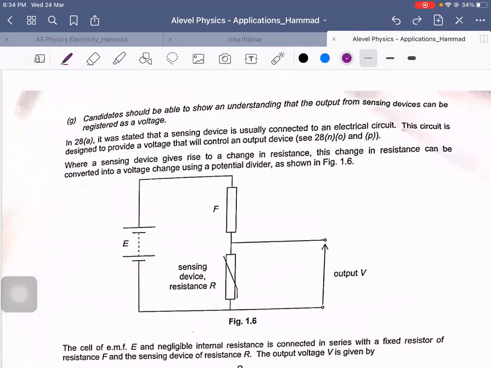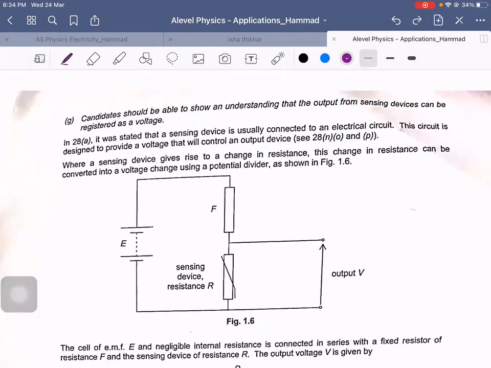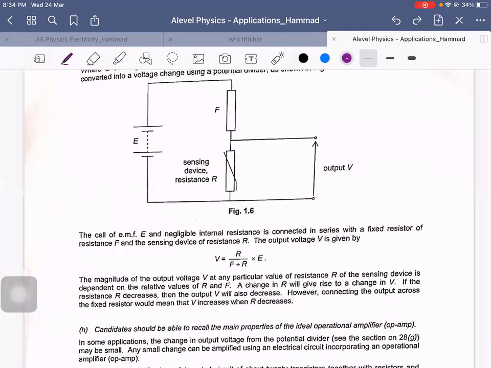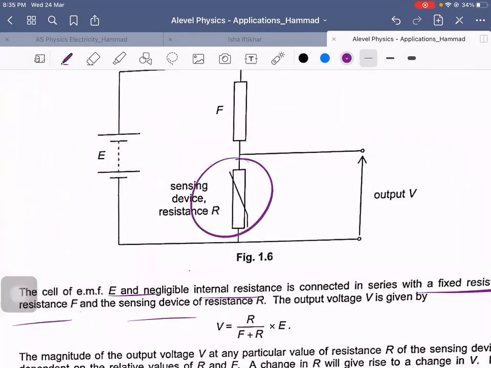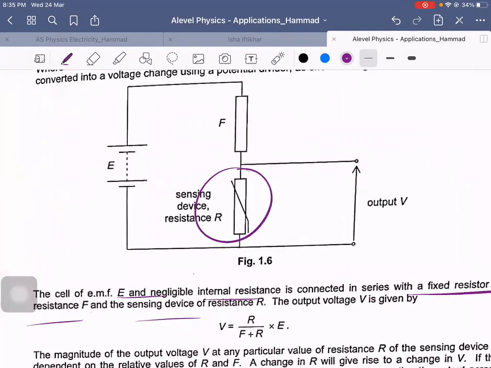For example, let's say the cell of EMF E and negligible internal resistance is connected in series with a fixed resistor and sensing device of resistance R. I need to know my voltage drop across this resistor.